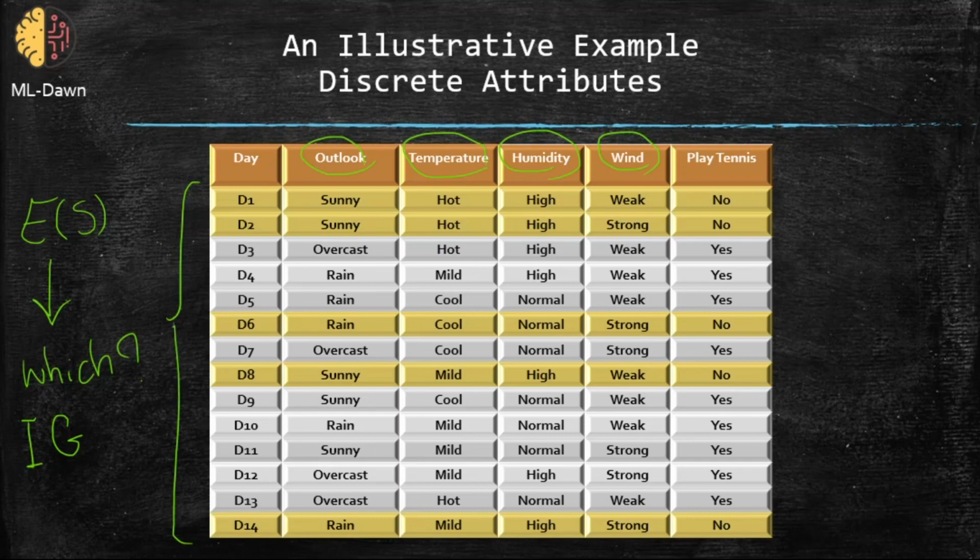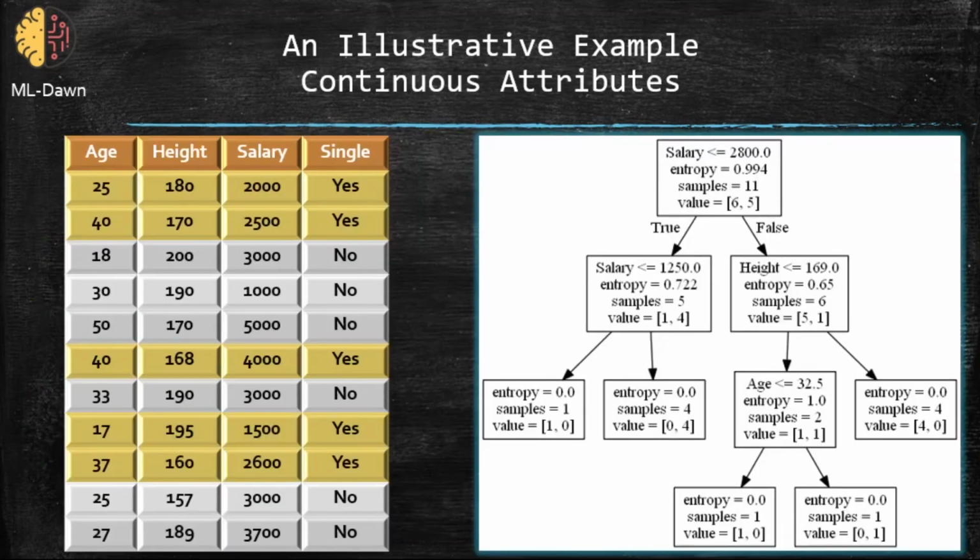What will change? In our previous example from the previous lectures, age, height, and salary are continuous. Your age could be 25 years and 3 months. Your height could be 182.7. So each of these attributes could have any type of value.